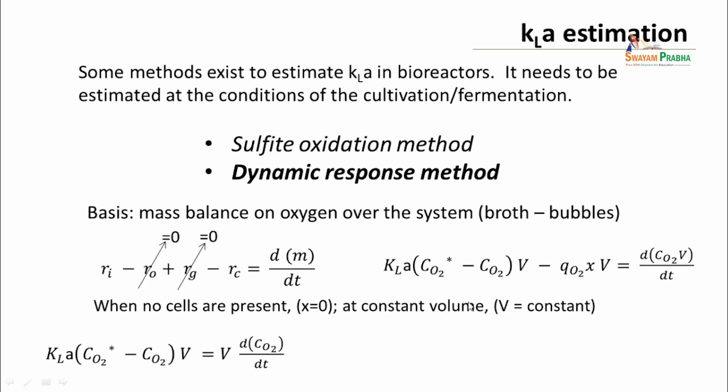Now we can cancel the two V's, and therefore KLa (CO2 star minus CO2) equals dCO2/dt. This gives us the basis for the dynamic response method. It is carried out in the absence of cells. In the actual broth, that's okay, but there are no cells present.